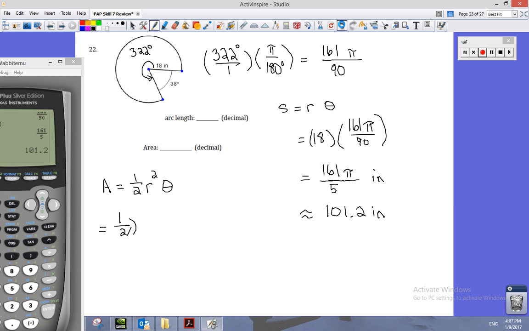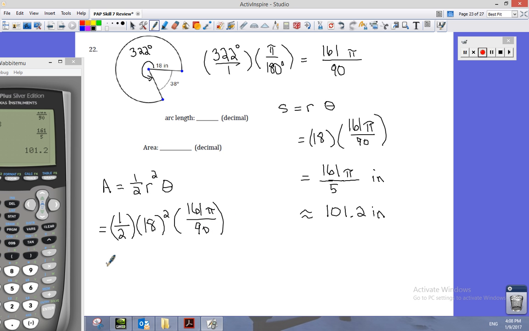Man, I hope this doesn't crash. 18 squared times 161 pi over 90.